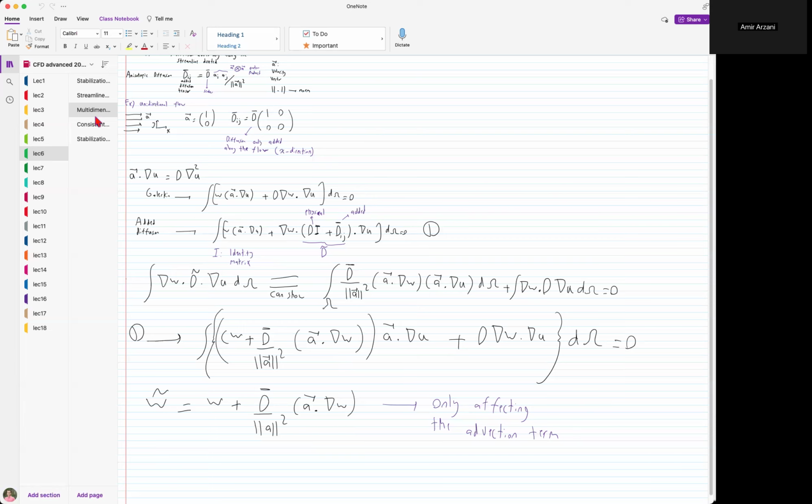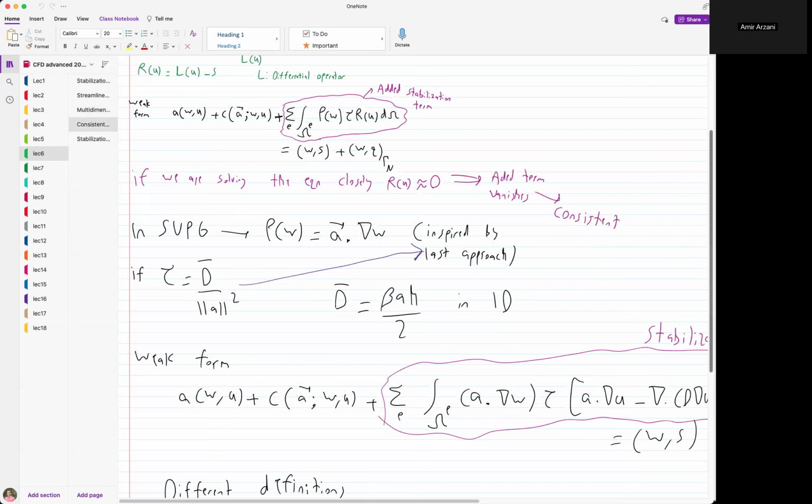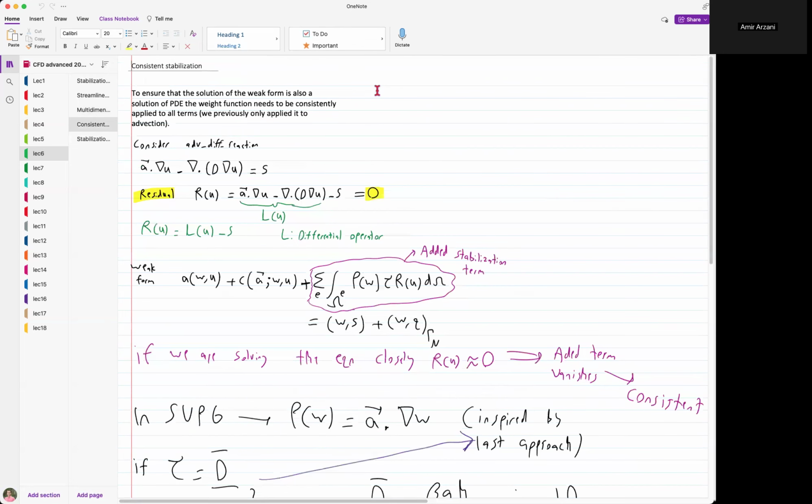Okay, so now let's see how we can turn this problem into a consistent weak form. So now we want to have a weak form that's consistent, okay? So if I go back, let's consider the advection diffusion equation. Now I'm going to also add the reaction term to write a more general form.